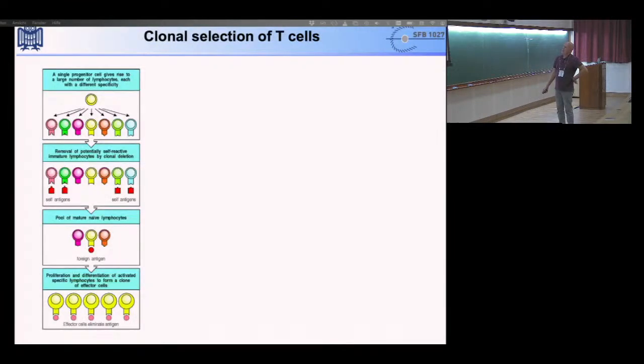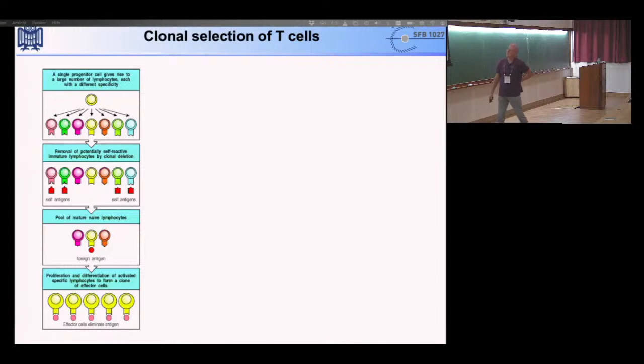Okay, so the point is that a single progenitor cell can give rise to a large number of different lymphocytes, each with a different specificity. Specificity concretely means with different receptors on it. These receptors are not genetically coded, so they have stochastic components in them.